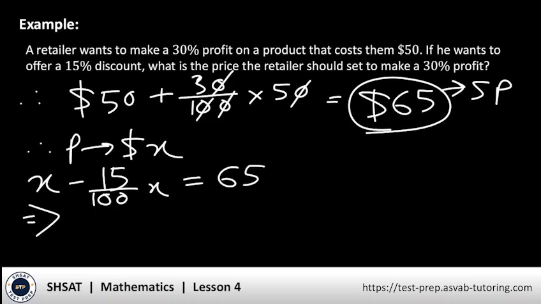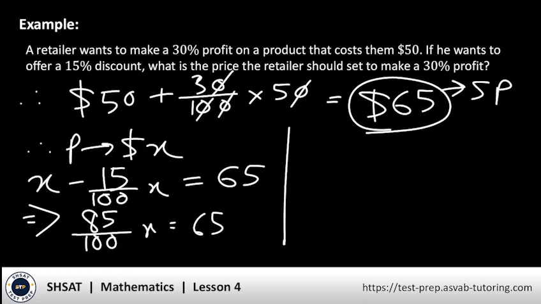So that's 1 minus 15 by 100. Let's look at the first numerator and denominator as 100 over 100. So 100 minus 15 is 85 over 100, X equals 65.